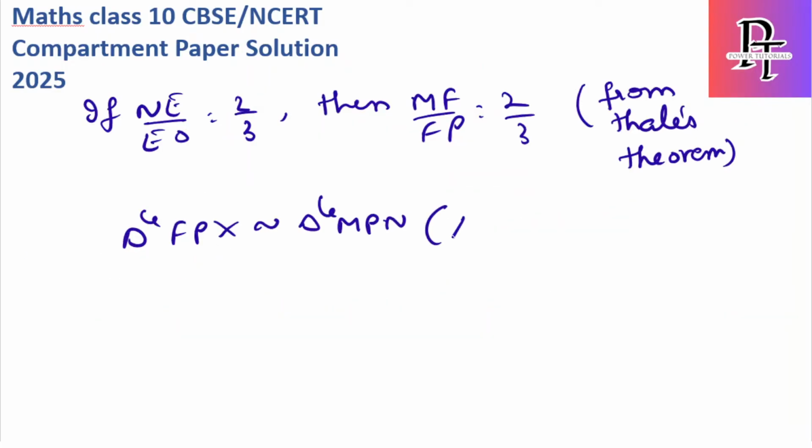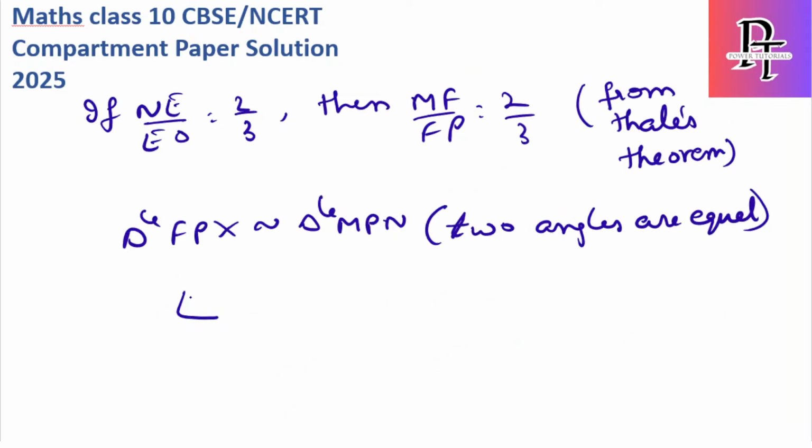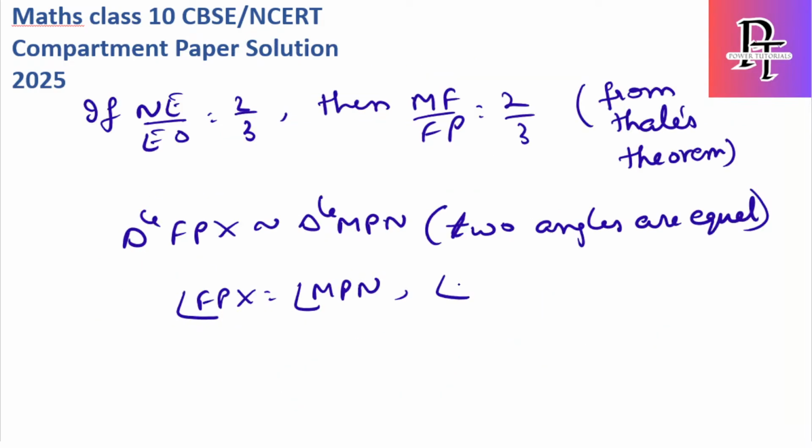Why? Because two angles are equal. You can also mention those angles: angle FPX is equal to angle MPN, and the other angles FXP and MNP. So this way these two triangles are similar.